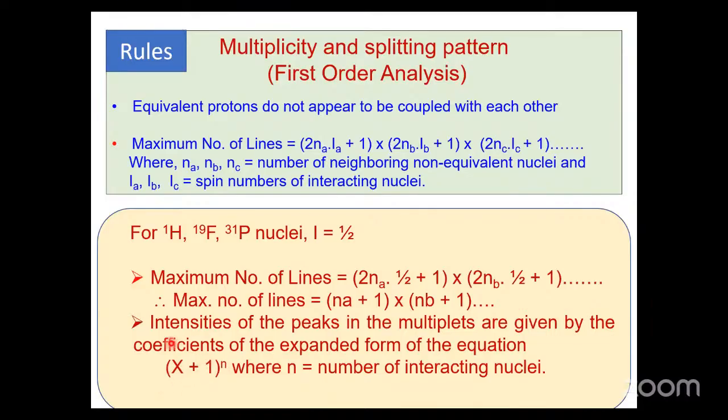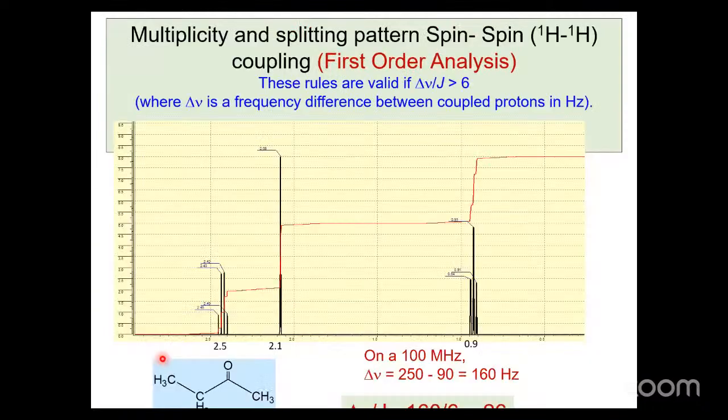You take the coefficients, so for a doublet you will get the intensity 1:1. Correct? This is the multiplicity and splitting pattern for 1H-1H coupling for this molecule, ethyl methyl ketone.